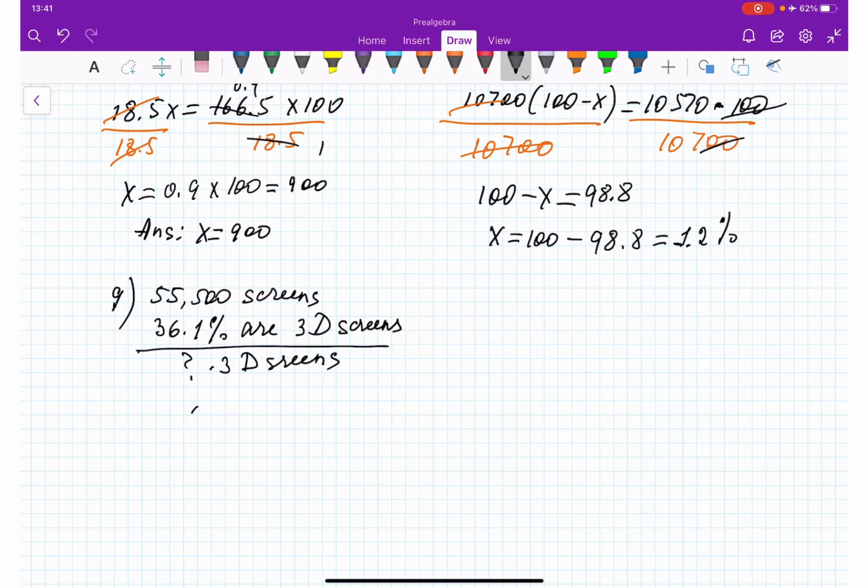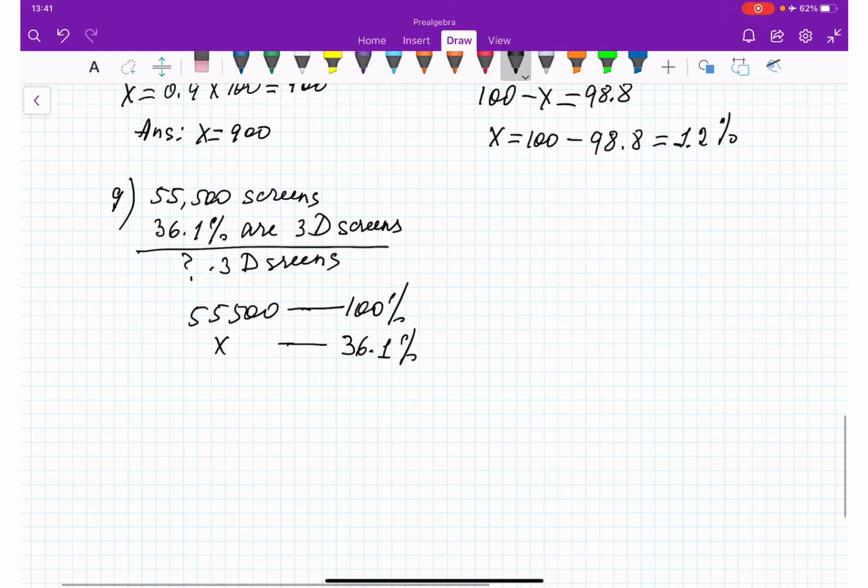So this 55,500 is going to be 100%. 36.1% of which it was 3D, and 3D is a question mark. So 36.1% is going to be X, 3D screens. All right, let's find out how much it's going to be.